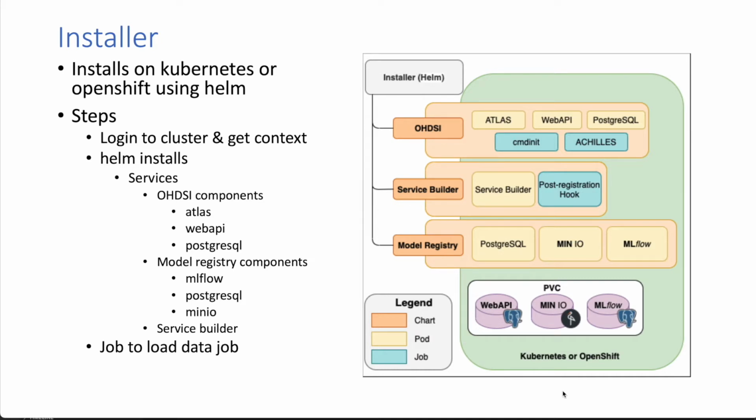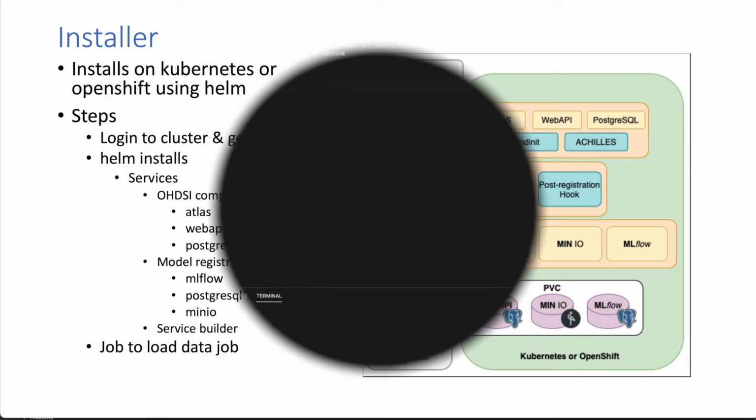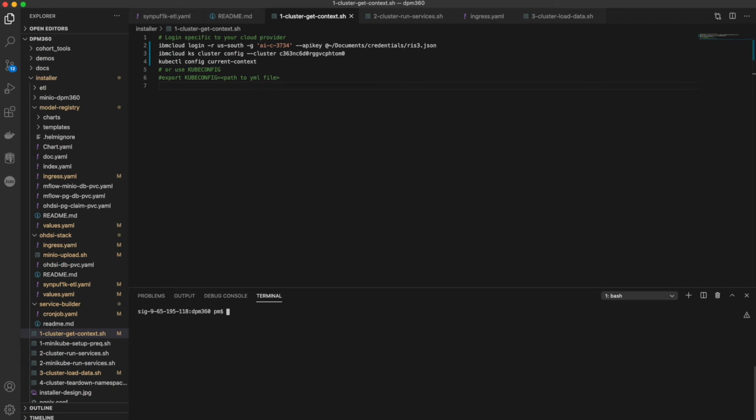Now that we have seen a high-level design of how we will install it, let's actually install DPM360 on a cluster in cloud. In the repo, you should go to the installer folder, and in the installer folder you'll find one cluster get context file.